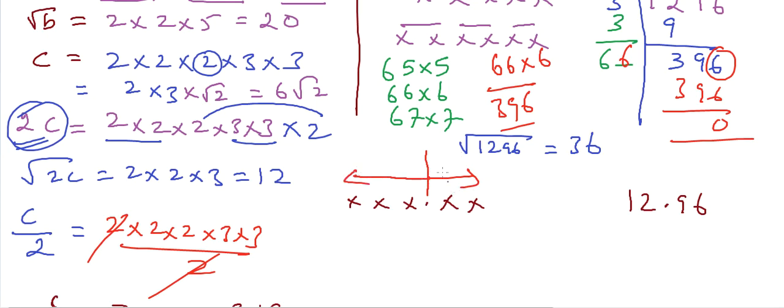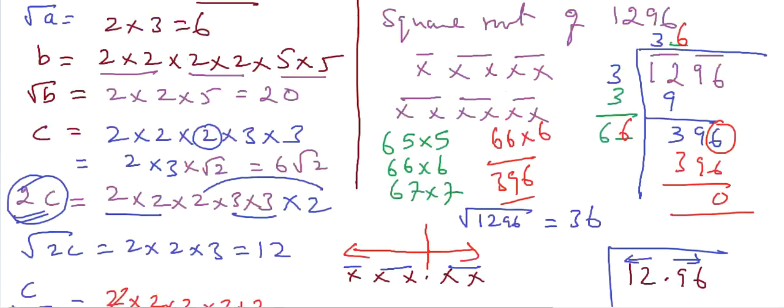Then it becomes 2, 2, 1 like this, and we have a decimal point here. The rest is the same.